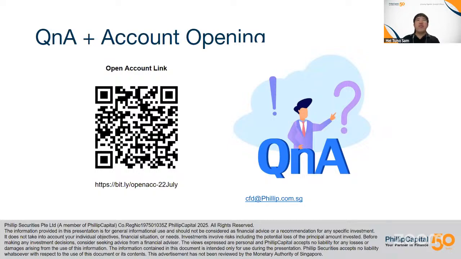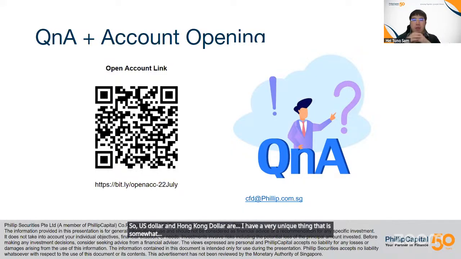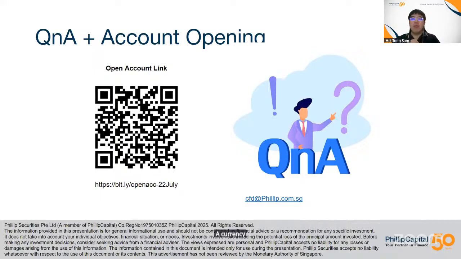Okay, I see a question asking about the US dollar and Hong Kong dollar. The US dollar and Hong Kong dollar have a very unique relationship, what we call a peg. That means the Hong Kong central bank has to maintain the Hong Kong dollar to US dollar rate within a certain band. If I'm not wrong, it's 7.75 to 7.95, something like that.